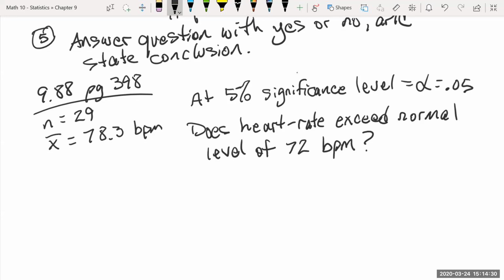Here's the basic idea of this 5% significance level. If the probability that our sample mean would be so far above our population mean, assuming 72 was what we expected the population rate to be, is less than 5%, we're going to say it's too unlikely to happen by chance.